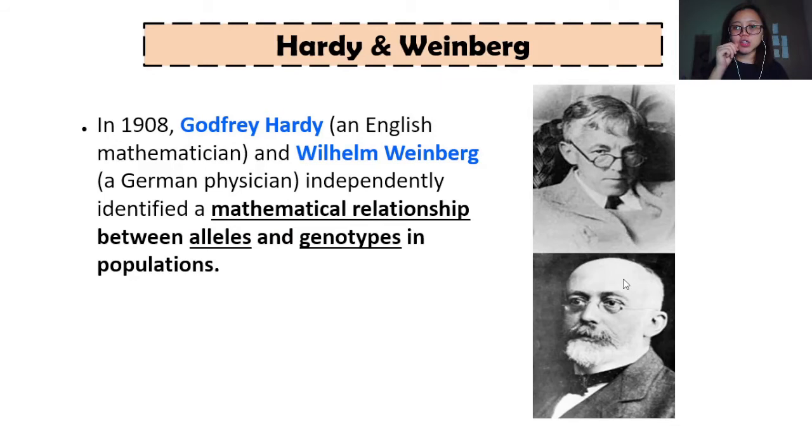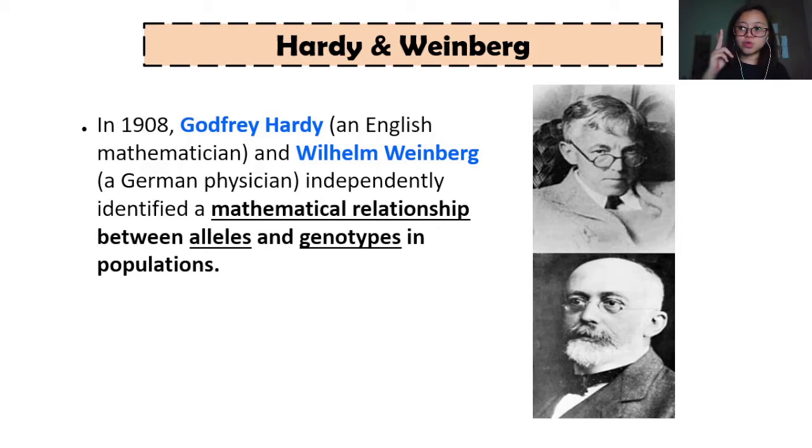Okay, so first let's talk about who are Hardy and Weinberg. So Hardy and Weinberg, or also known as Gottfried Hardy, which is an English mathematician, and Wilhelm Weinberg, who is a German physician. They are two very intelligent individuals who in 1908, if I'm not mistaken, just weeks apart from each other, independently identified a mathematical relationship between alleles and genotypes in populations.